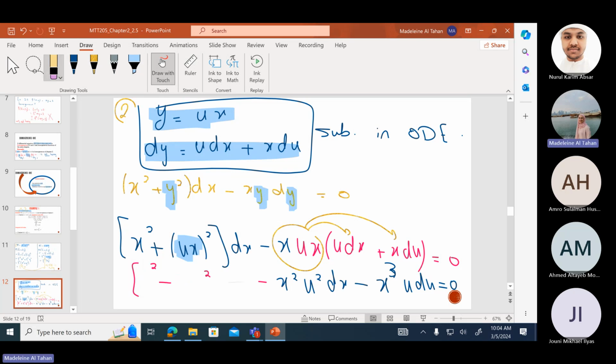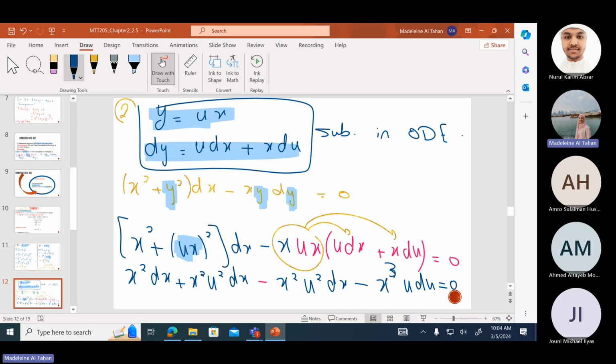Now the first one, can we expand it as well? So this one, can we write it as x squared dx plus x squared u squared dx? We are just expanding. You got it? Okay. We reached this one.